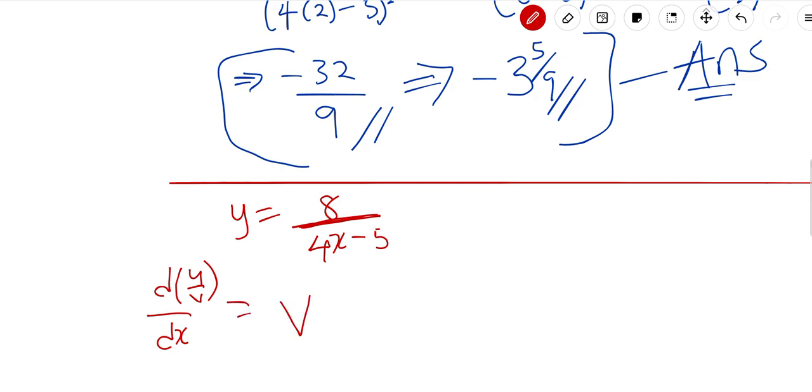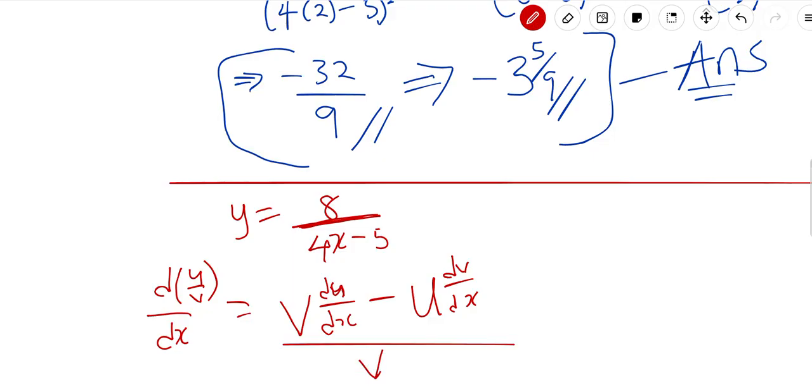You have v du over dx minus u dv over dx, divided by v squared. Let's call this equation 1. That's our quotient rule.